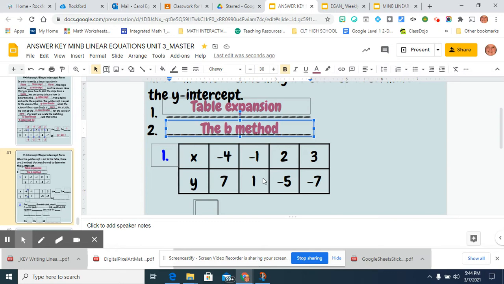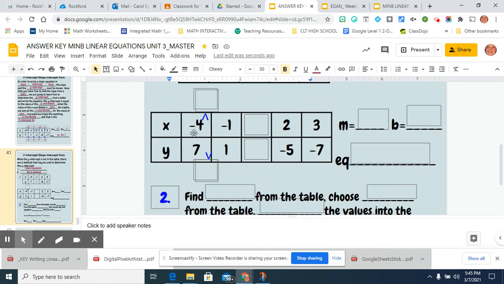It's just not included in the table. Because remember, a table is just a representative of some of the coordinate points that are on the line. It's never in a million years going to have all of the points because there's an infinite number of points that make up a connected line. So what we're going to do is we're going to expand the table, and we need to find out where the value of 0 is.